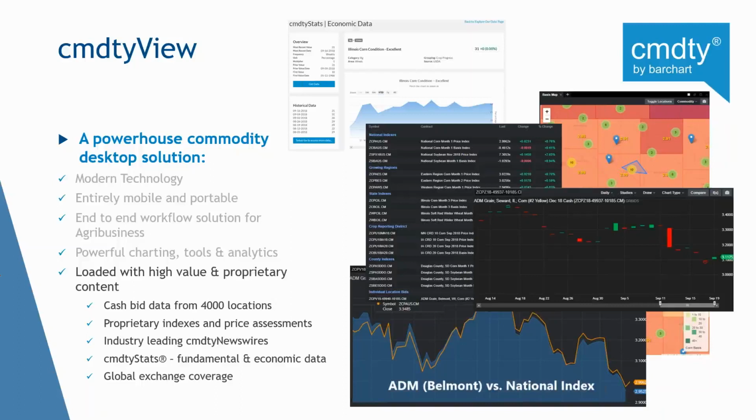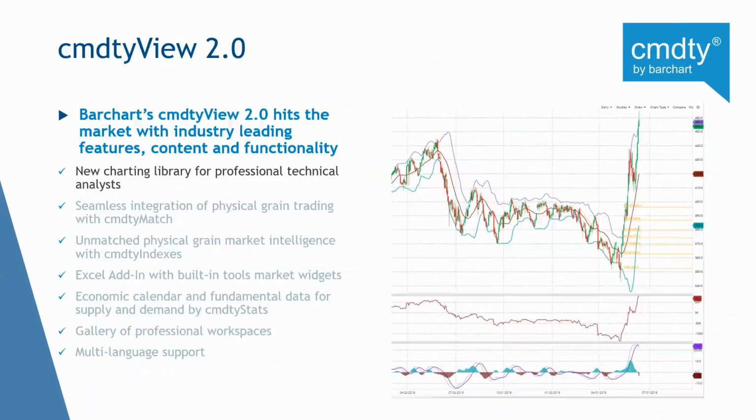So we've created our own news desk and newswires that we provide through Commodity View. The fundamental data and general economic data is presented via historical data that you can bring into charts. And it's also presented in our economic calendar, which we'll show you as well. And then, of course, there's global exchange coverage.